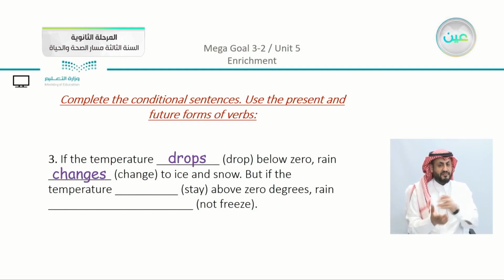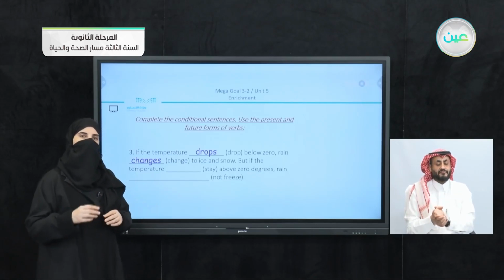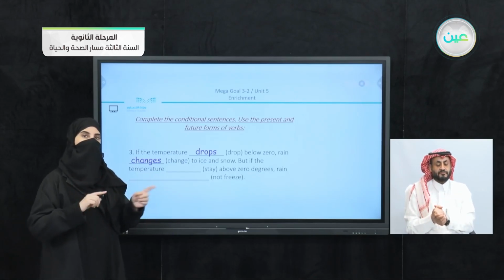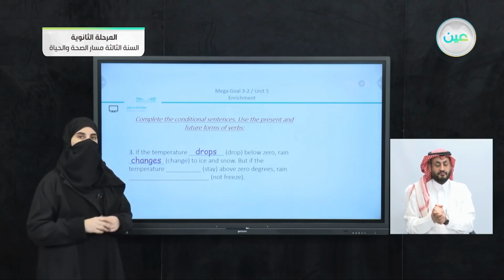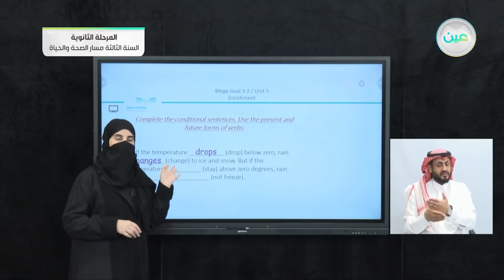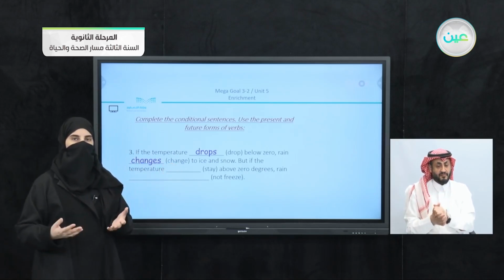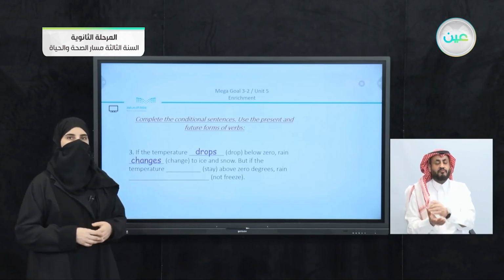If you read the sentence, you discover that yes, we do have a fact here. So this sentence is zero conditional, which means that we use the present simple in both parts of the sentence. Why did we use the present simple here? Because we have a sentence that has a truth or a fact that always happens.